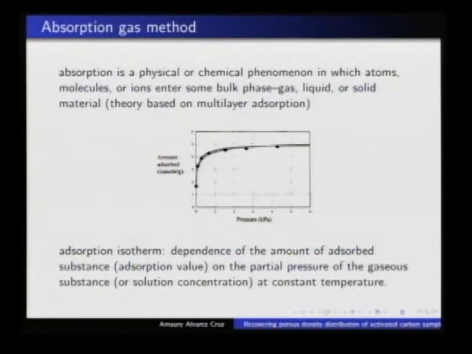We measure the absorbed quantity with respect to pressure, and this is called isotherms. This isotherm is the base to determine the characterization of the textural surface of the porous, and we use this experimental measure to obtain the porous size distribution.